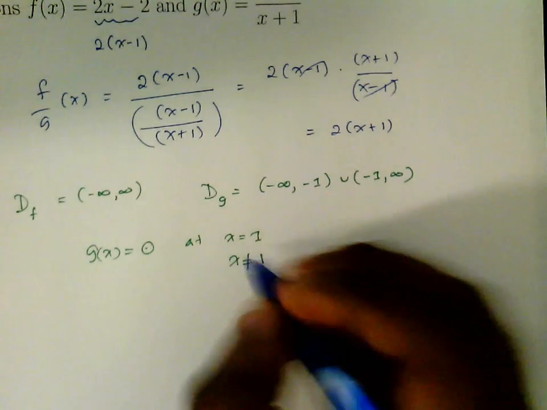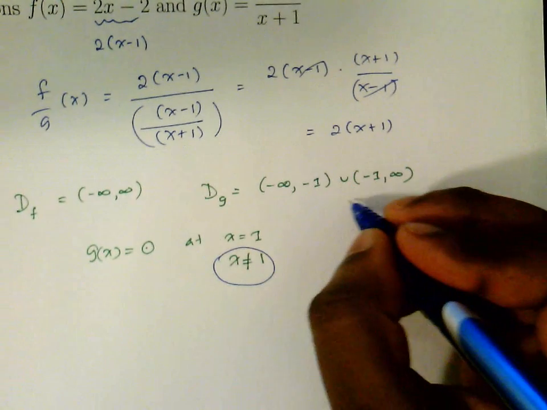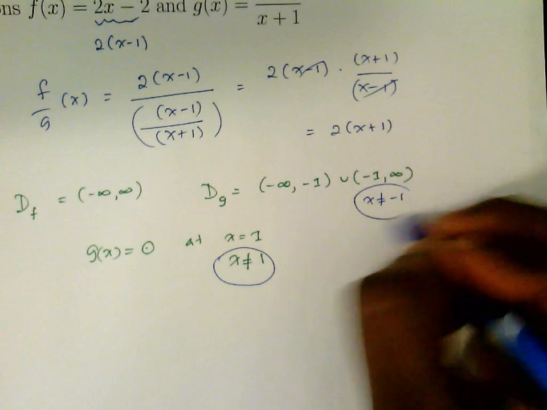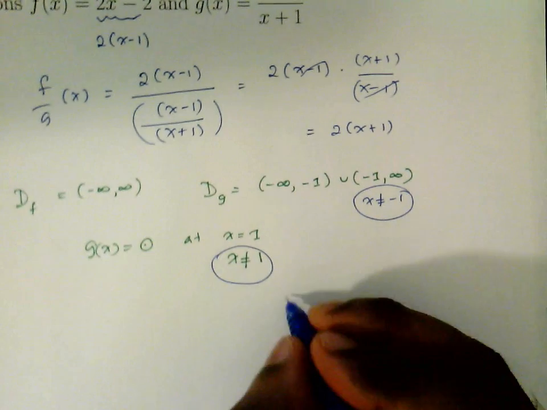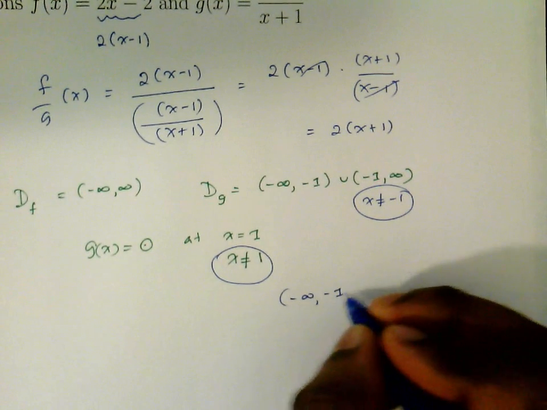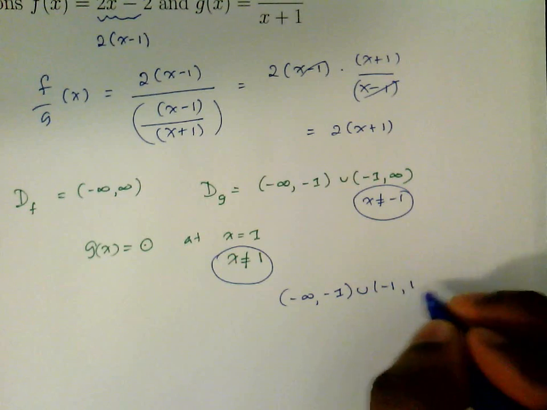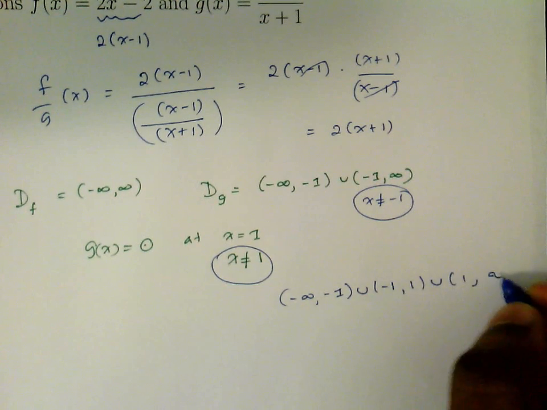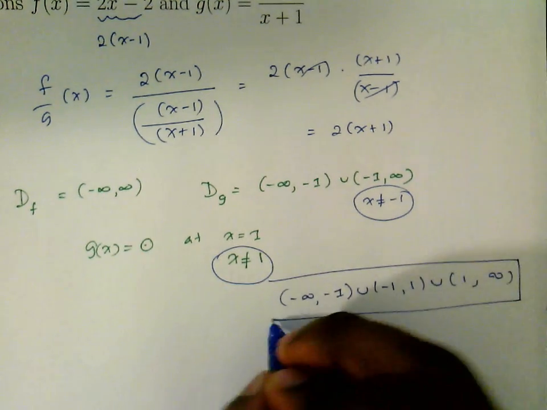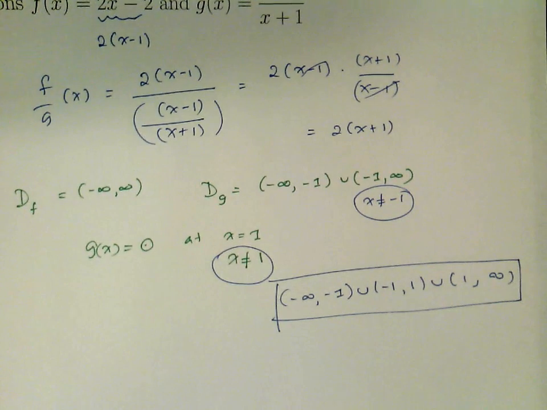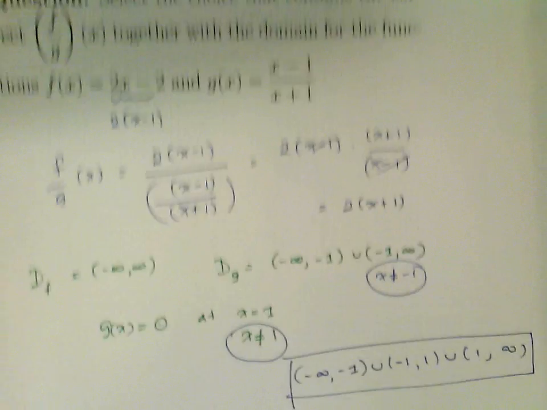So x cannot be 1 or x cannot be -1, which means the domain should be -infinity to -1, -1 to 1, and then 1 to infinity. Okay, so let's move on.